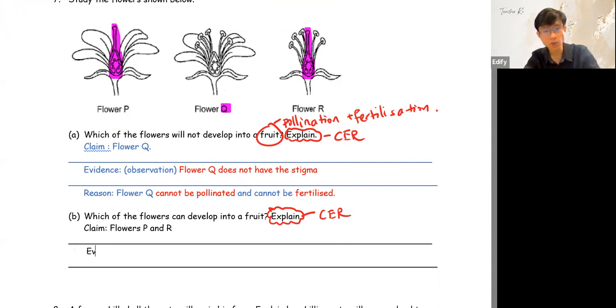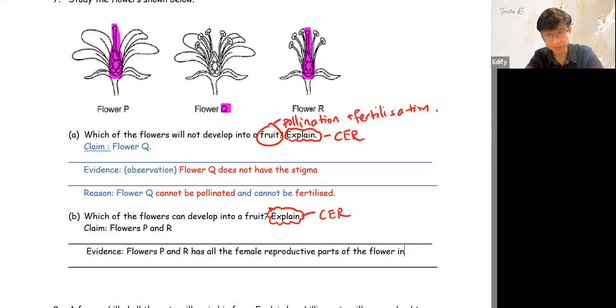Why is that so? What did I see that allows me to know that, oh, it will develop a fruit? I see that flowers P and R have all the female reproductive parts of the flower intact.